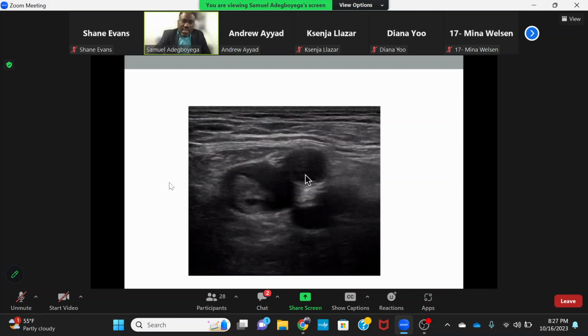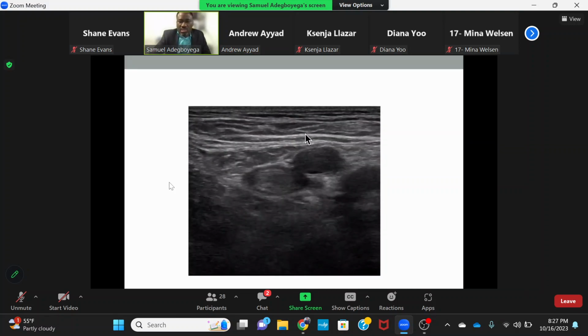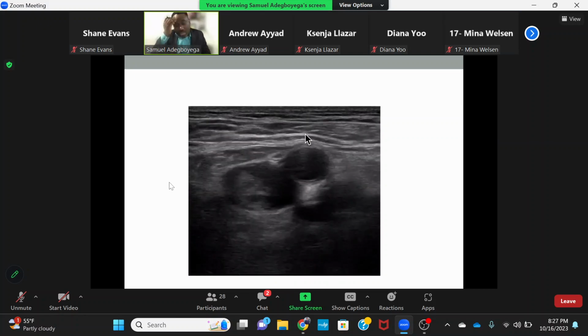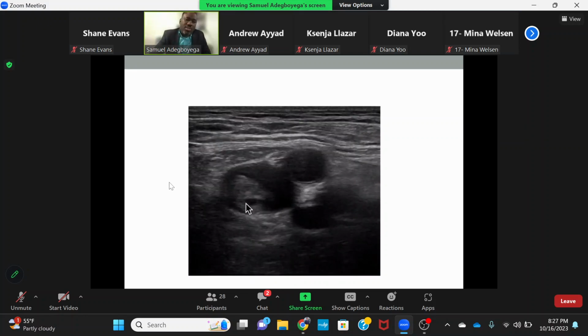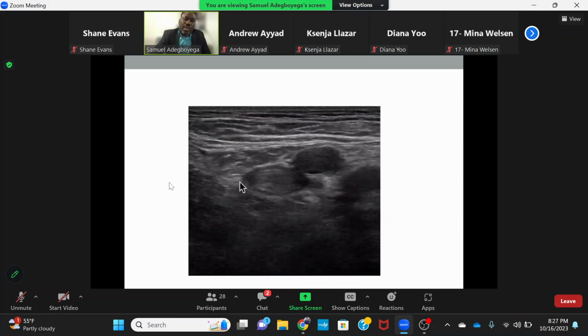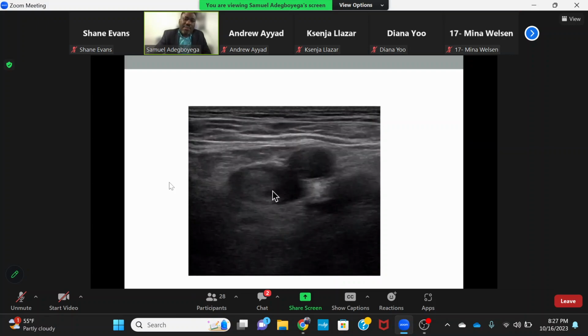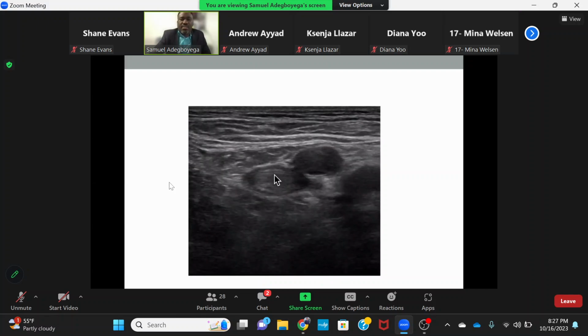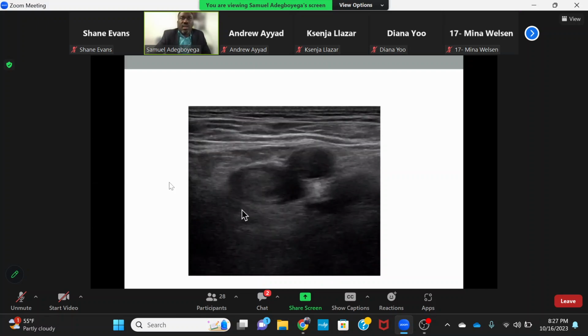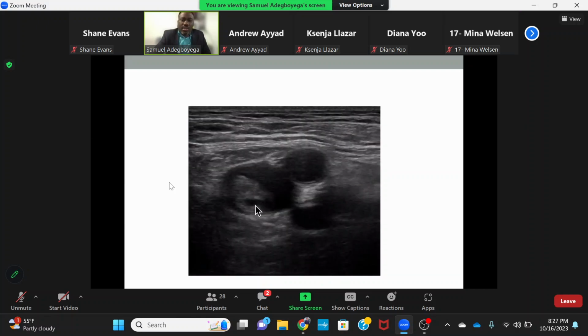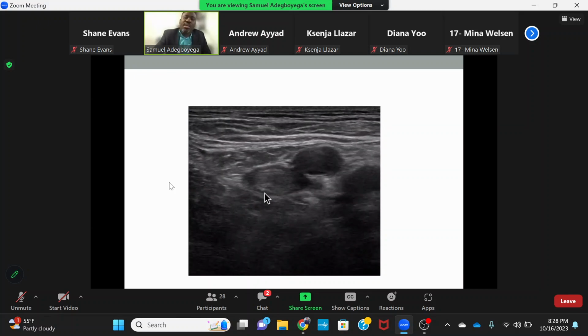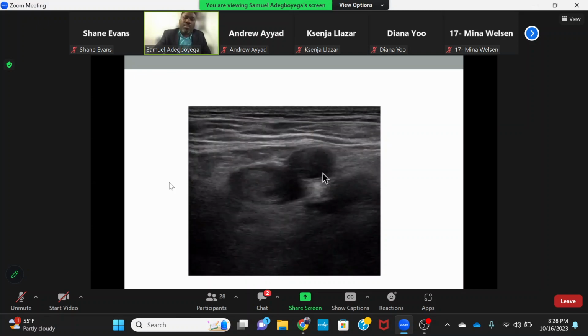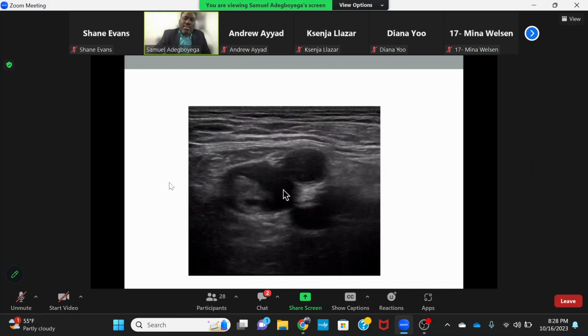Hey, Andrew, look at this right here. They call it the B mode when you're talking about ultrasound. This is a B mode, and we are using this to evaluate the great saphenous vein. Sorry, this is a deep femoral vein right here, and we are compressing it.